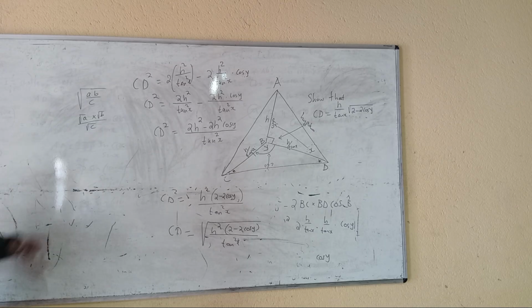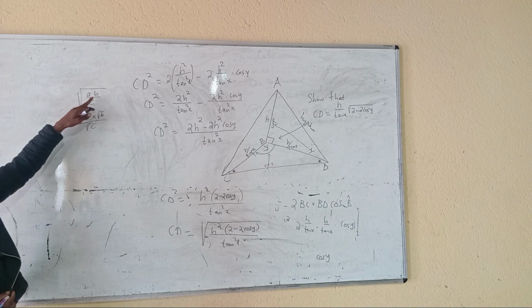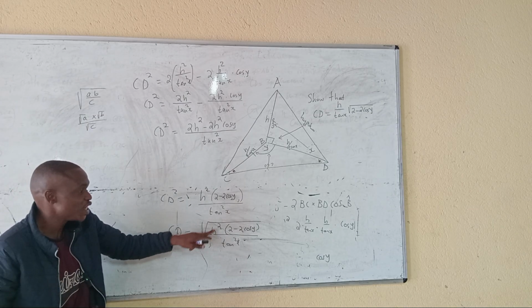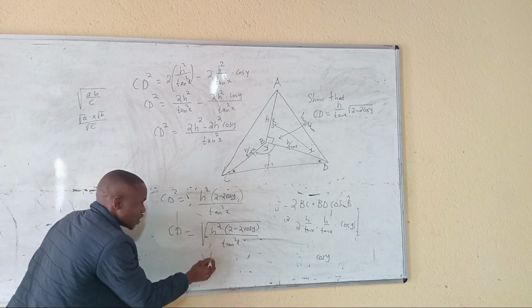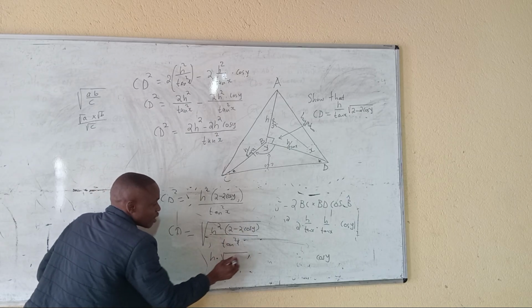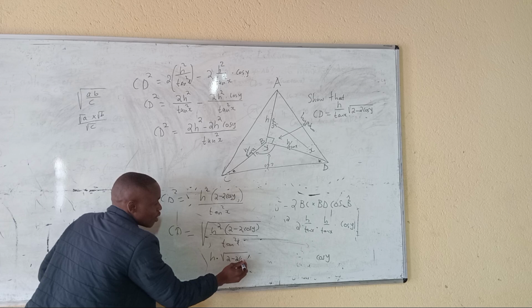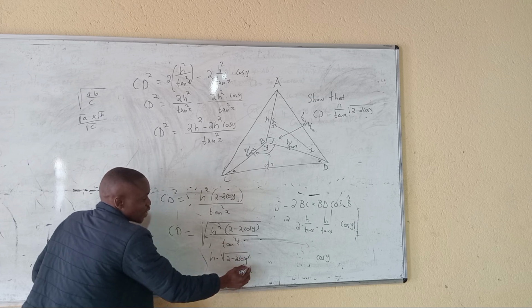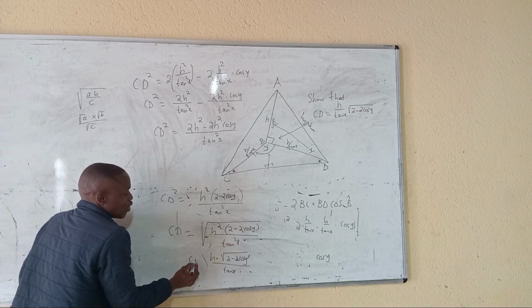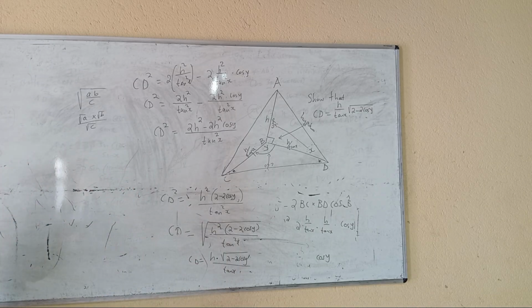So I'm going to say square root of H squared, which is H, square root of this, and square root of tan squared x is tan x. So you have proven CD equals H over tan x into square root of 2 minus 2 cos y.